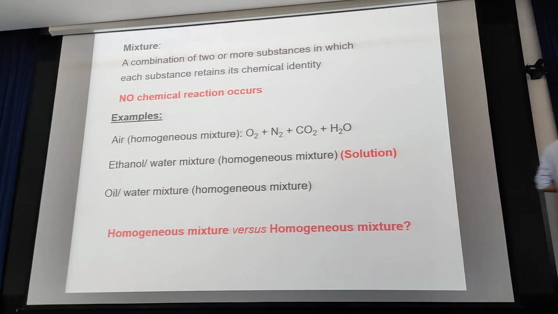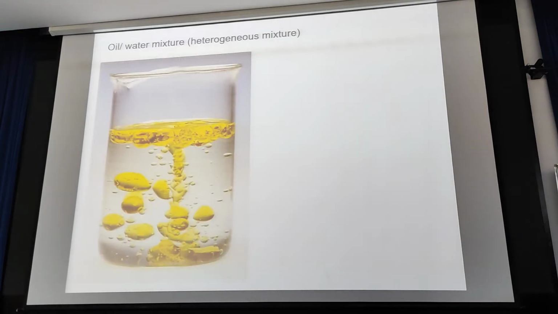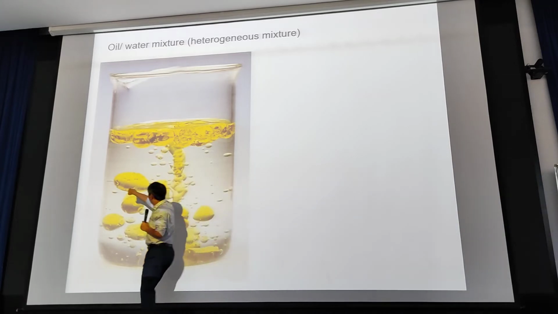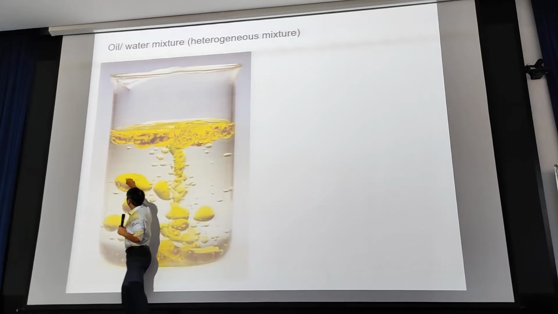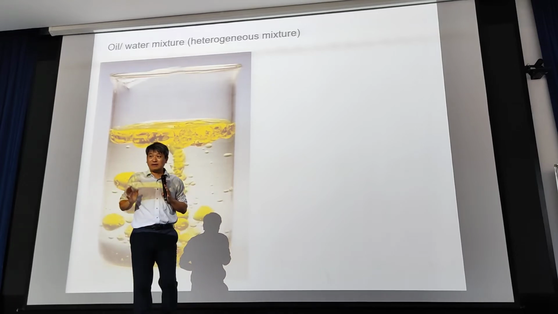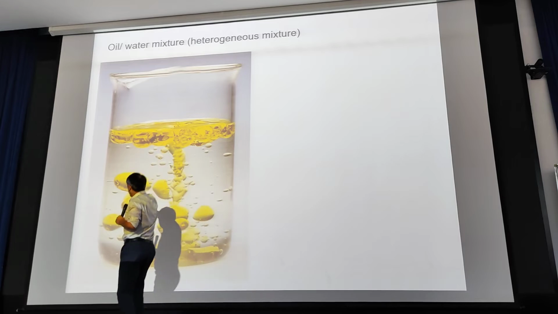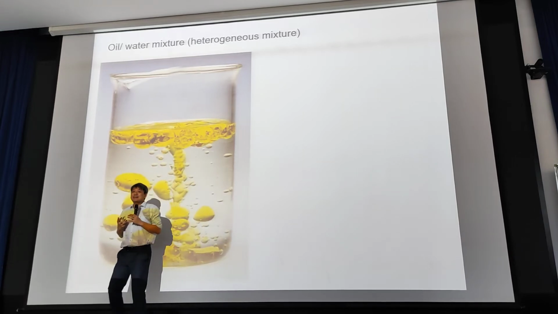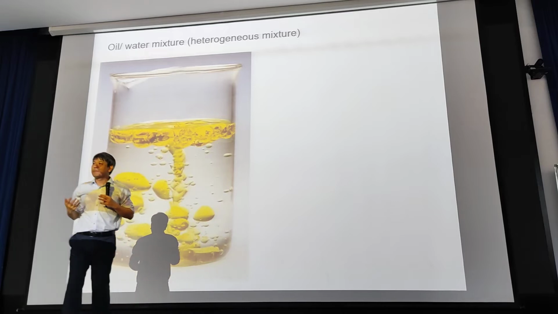For example, in this one, if you take a position here, and the position here, they are not identical in terms of chemical composition, right? Here you have oil, and here you have water. So basically the chemical compositions are different.